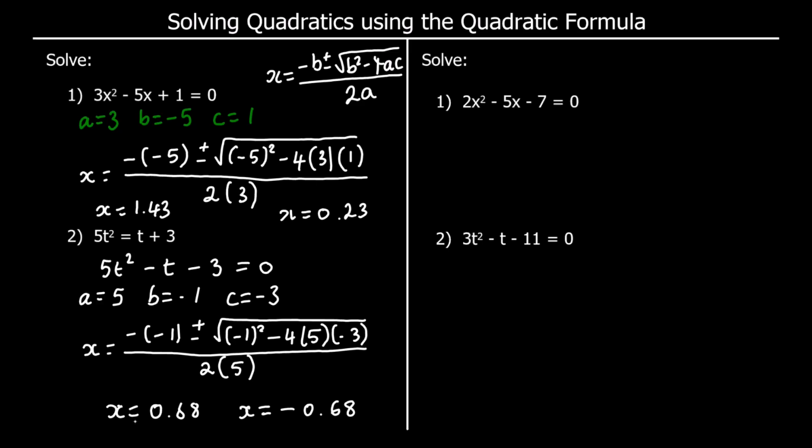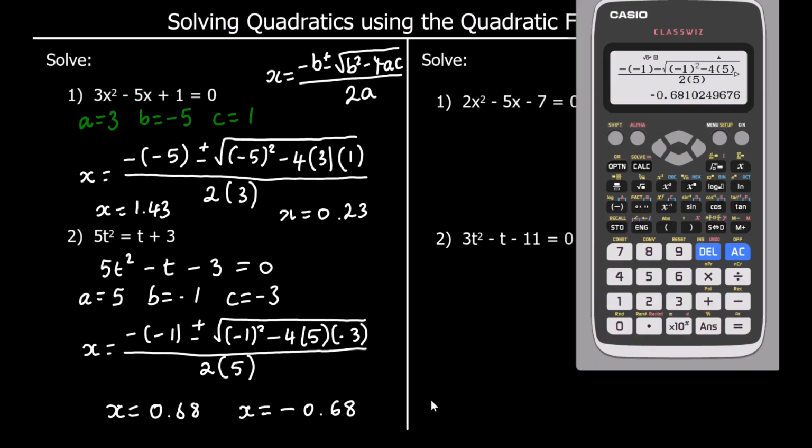I'd like to show you something else on the calculator quickly. The calculator will actually solve quadratics for us. So we need to know the quadratic formula, but we don't need to use it to solve quadratics. So menu, and then equation or function, polynomial, degree. So what's the power of x? It's an x squared, so it's 2.